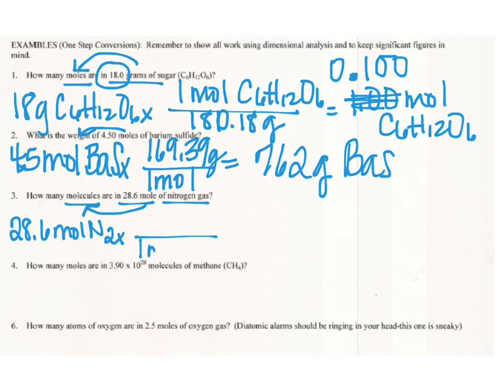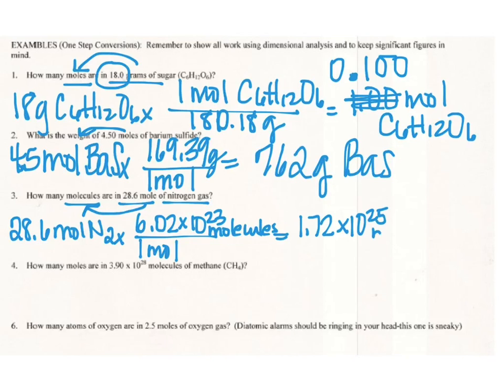Avogadro's number, and in 1 mole we have 6.02 times 10 to the 23rd molecules. So how many molecules are in nitrogen gas, to 3 sig figs? 1.72 times 10 to the 25 molecules of N2.